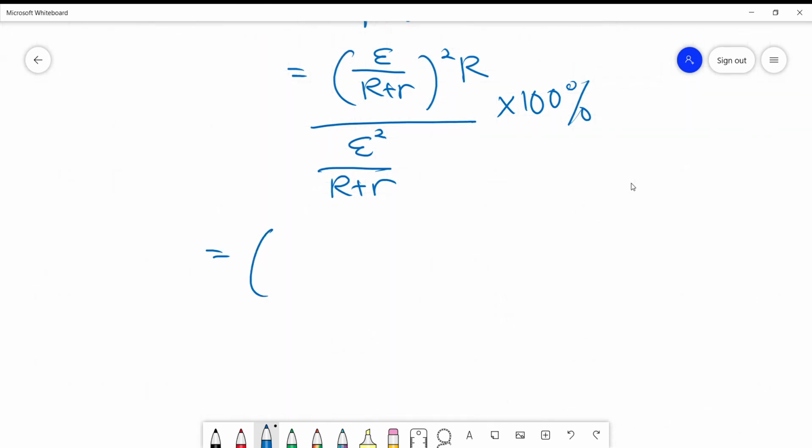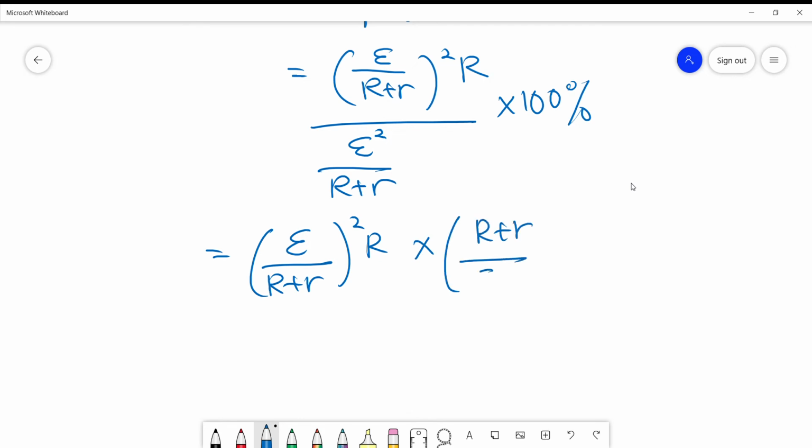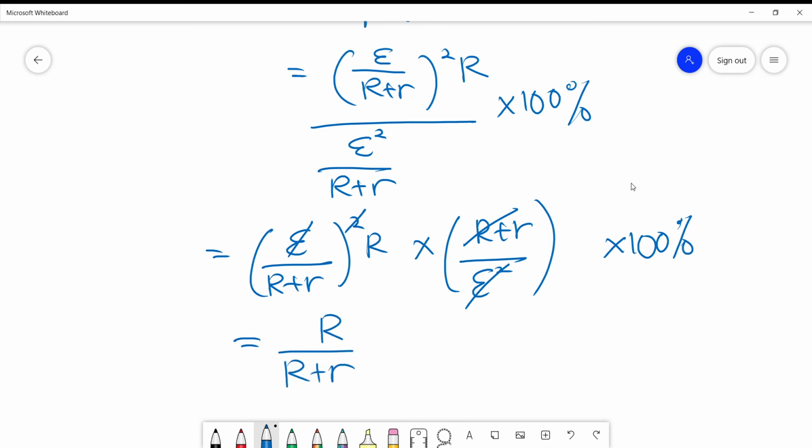If I move this up, what I get is R plus r divided by E squared times 100%. So this one can be cancelled, and this one can be cancelled, and finally what I get is R over R plus r times 100%. So this is the efficiency that we get.